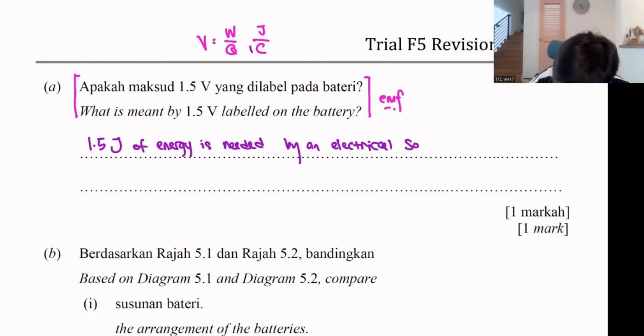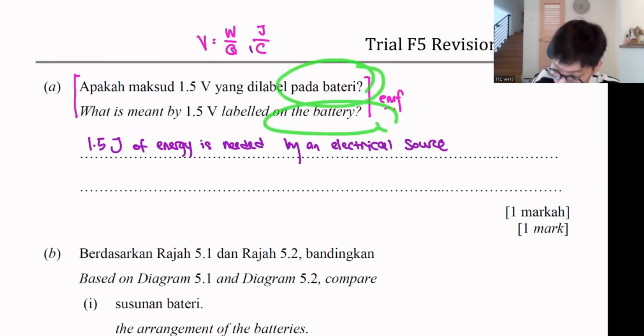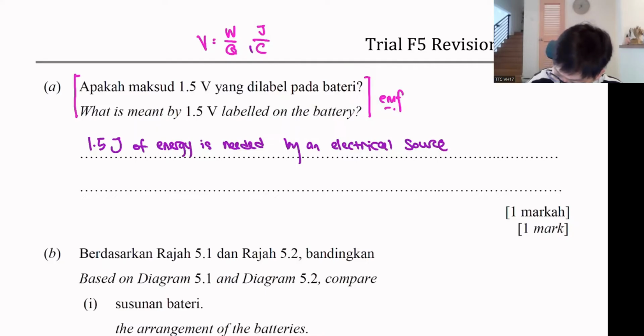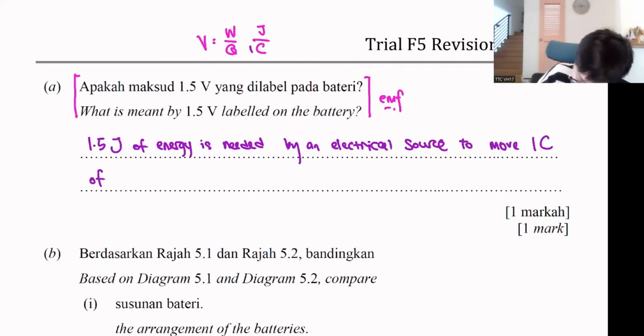Who is the electrical source here? In this case, it is the battery, or you can say by the battery also can. By the electrical source to move one coulomb of charge.